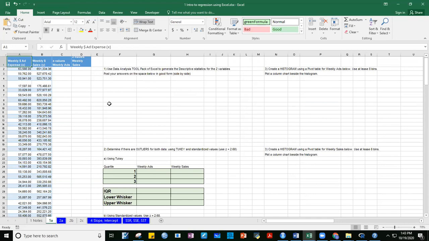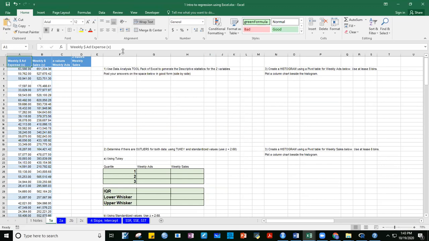Or a decrease in one variable will lead to a decrease also in the other variable? That's a positive relationship. Or a negative relationship, which means an increase in one variable will result in a decrease. Okay, so the change is opposite, no?